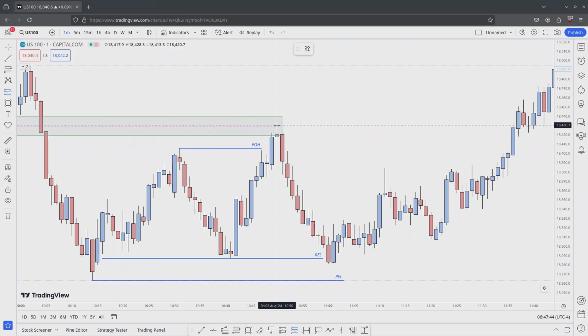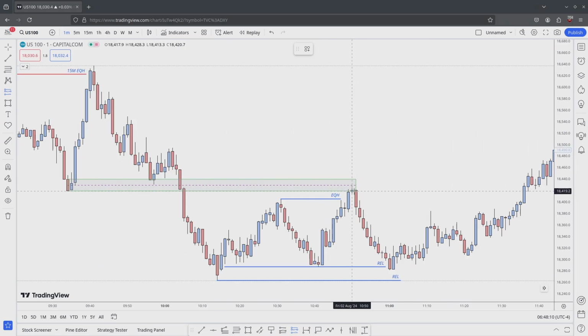Just misses it by barely a tick. I would view this as a valid scenario because we have missed it by one tick here. So that's close enough for comfort.